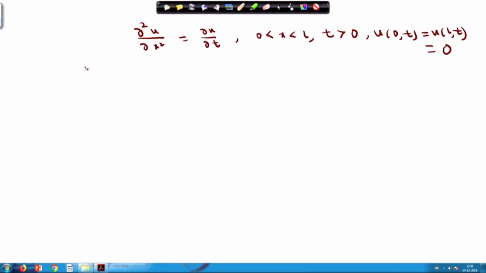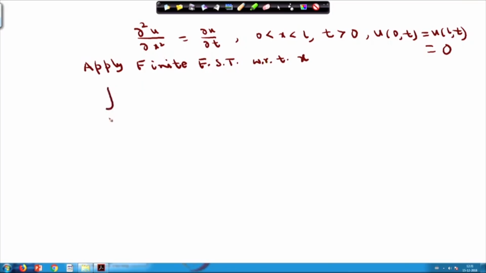So, you apply the finite Fourier sine transform with respect to x on both sides of the given partial differential equation.